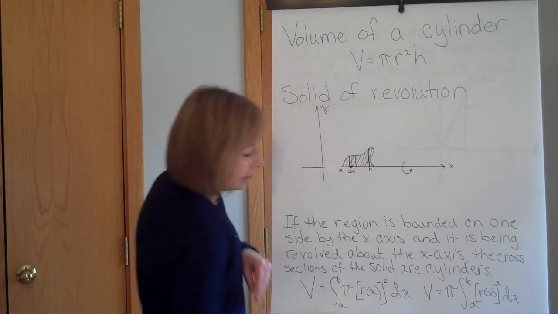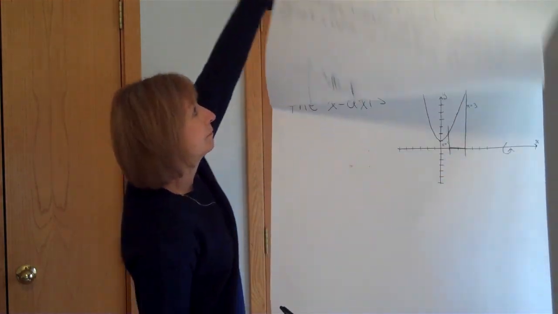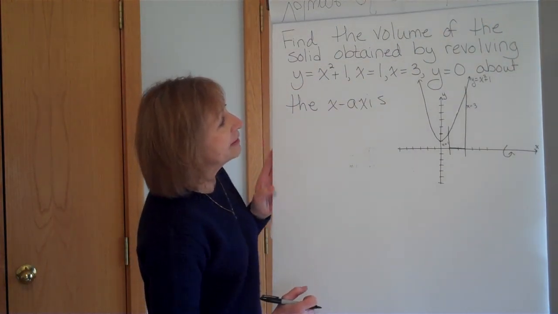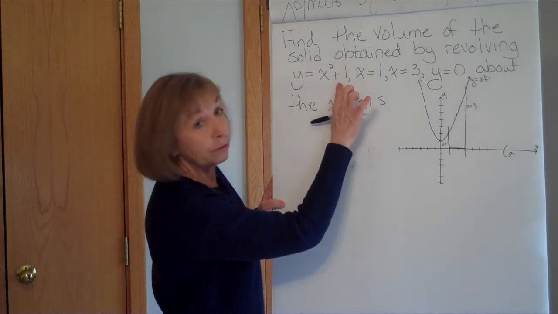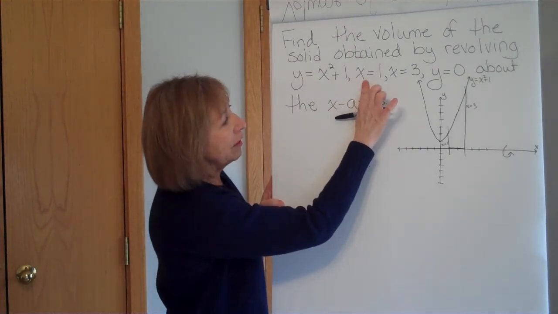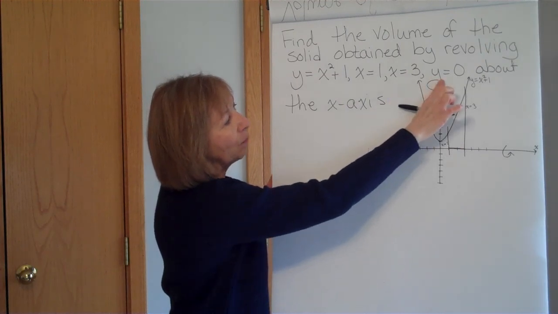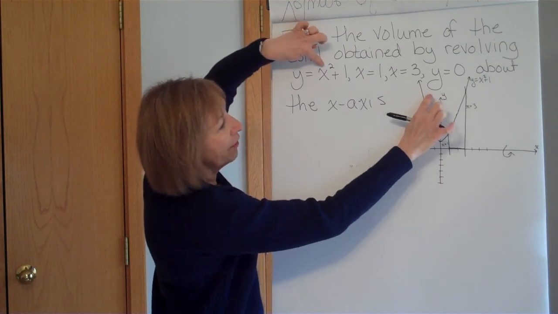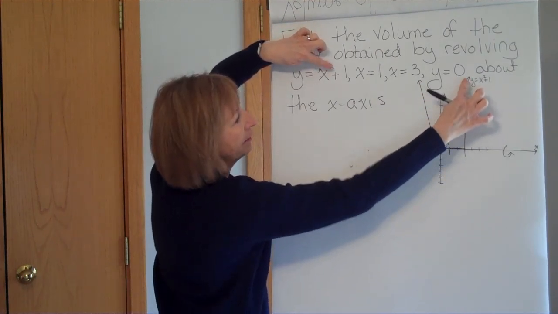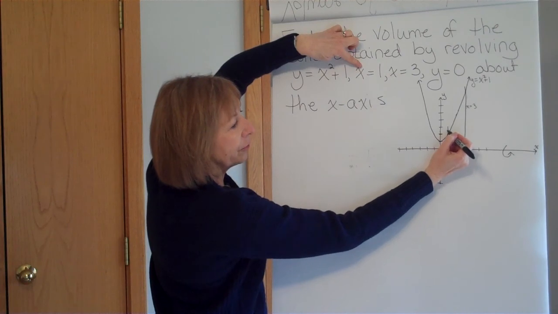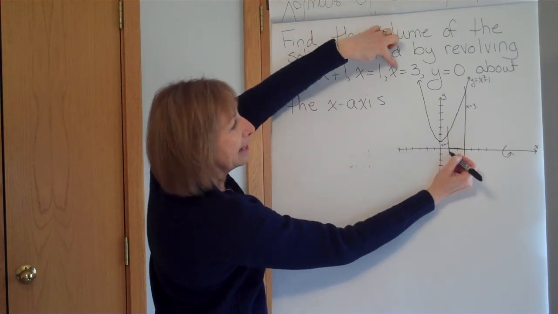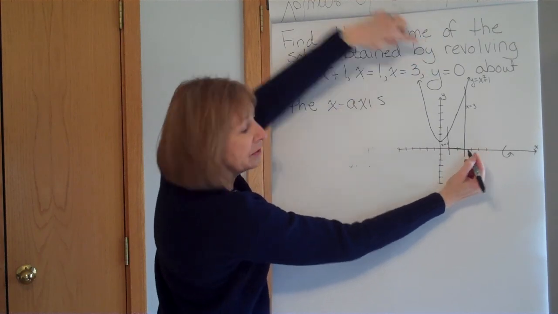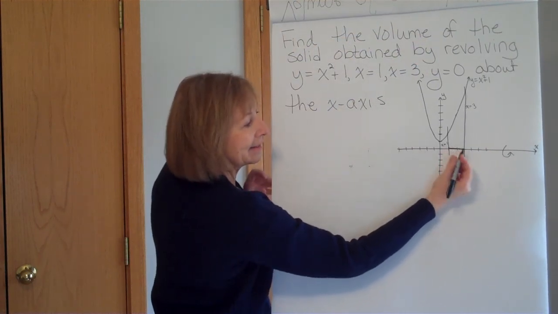So now let's look at an example. Let's say we want to find the volume of a solid obtained by revolving y equals x squared plus 1, x equals 1, x equals 3, and y equals 0 about the x-axis. Here I've drawn the parabola y equals x squared plus 1. X equals 1 is the vertical line at x equals 1, x equals 3 is the vertical line at x equals 3, and y equals 0 is the x-axis.